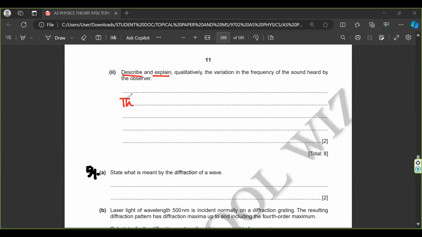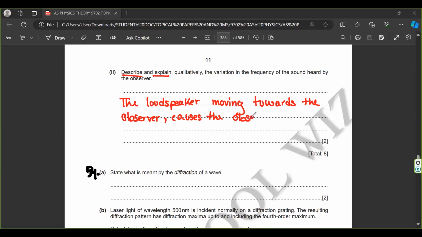We can write here that the loudspeaker, when moving towards the observer, causes the observed frequency to increase, and decrease when moving away.